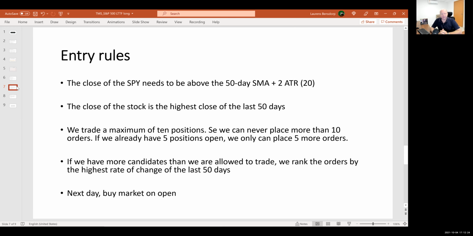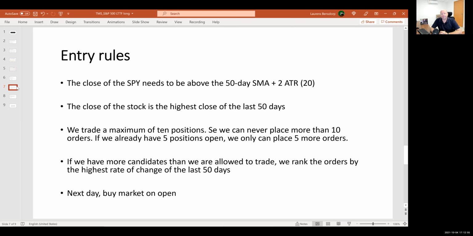And the position sizing algorithm here is that we use a 2% risk of our equity with a maximum of 10% of the size of the equity. And if you want to know more of that position sizing, I don't want to go into that too deeply. It's written in the two books that I have written, The 30-Minute Stock Trader and Automated Trading Systems.